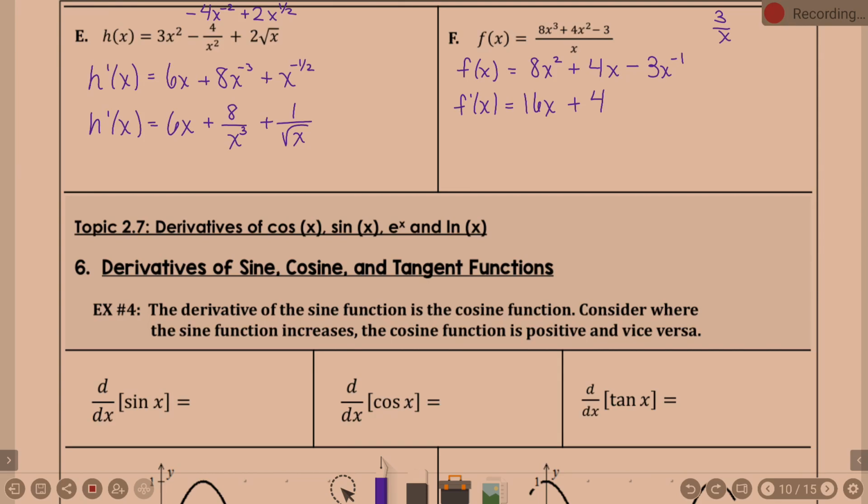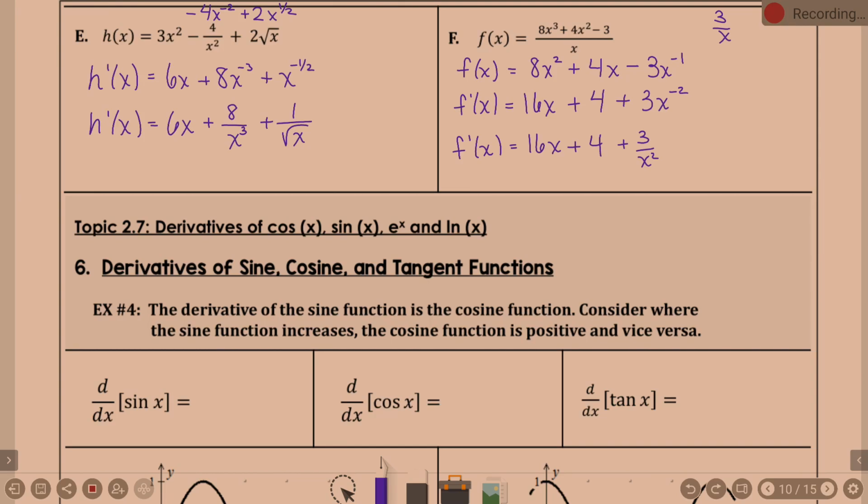Minus derivative of 3x to the negative 1, plus 3x to the negative second. If I rewrite this, just for the sake of the last term, 16x plus 4 plus 3 over x squared. Okay?